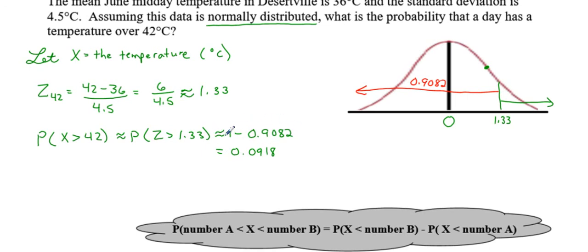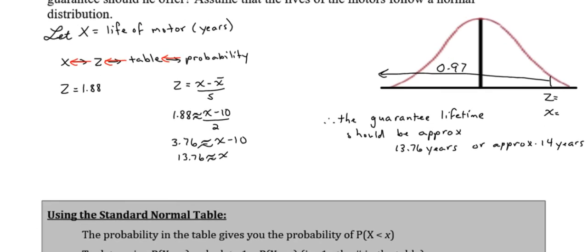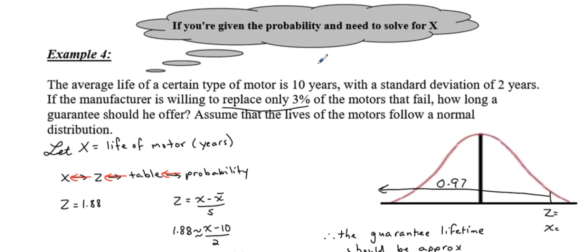That's why you still need an approximately equal to, because even that 0.9082 has been rounded. It's not exactly 0.9082. So you really have to remember those approximately equal to symbols. And let me make them look a little bit prettier than that, since we went to all this work. Alright, so that's what you do when you're given the probability and you need to solve for x.